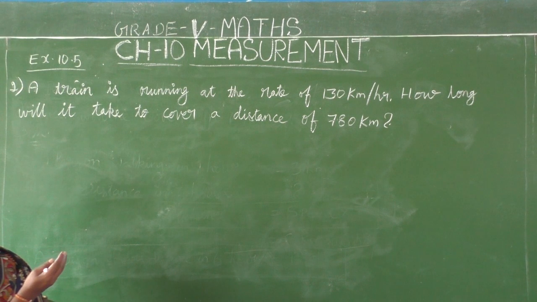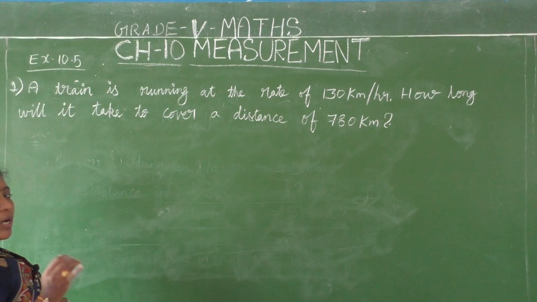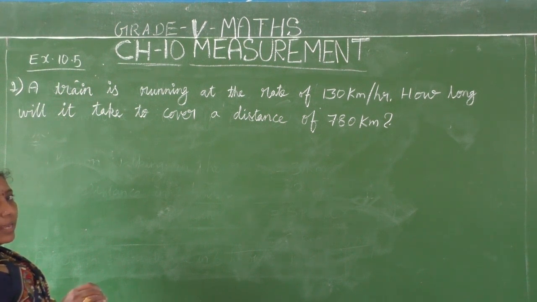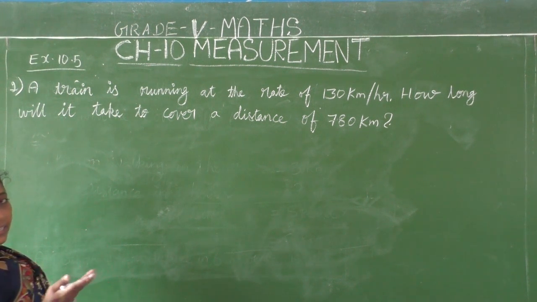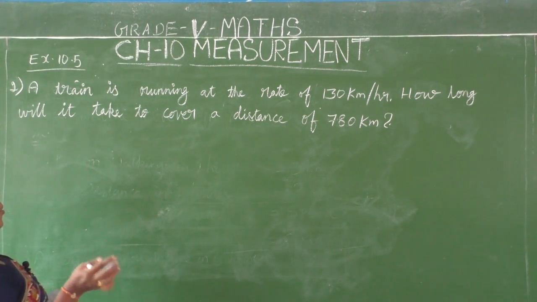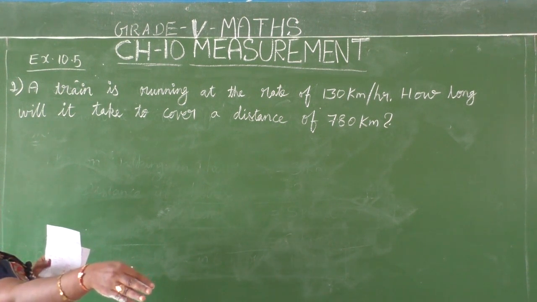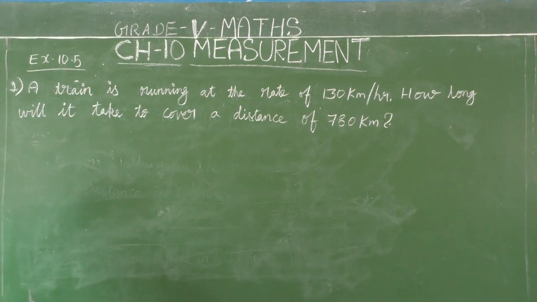Here they gave the distance and speed. What are we going to find out now? Yes, timing they didn't give. We are going to find out the time only. They are asking the time only.